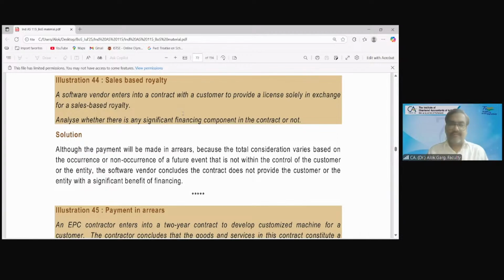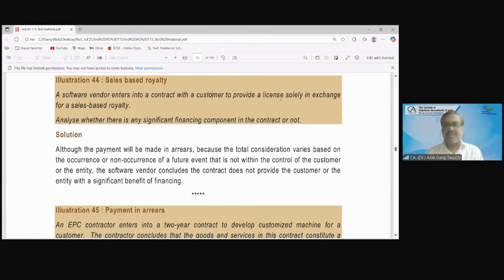Sales-based royalty. A software vendor enters into a contract with a customer to provide a license solely in exchange for a sales-based royalty. So a vendor provides a license to the customer, sold the license to the customer. And in lieu of selling the license, what will this vendor get?